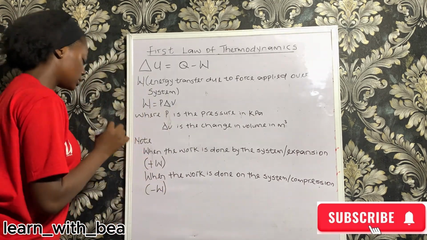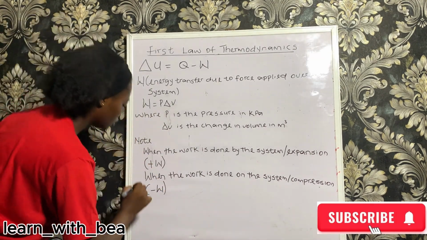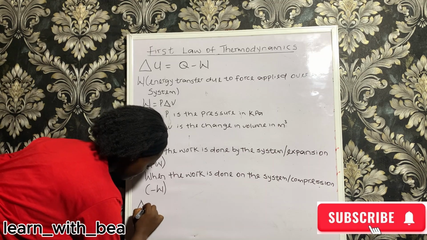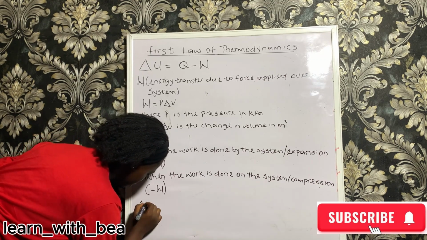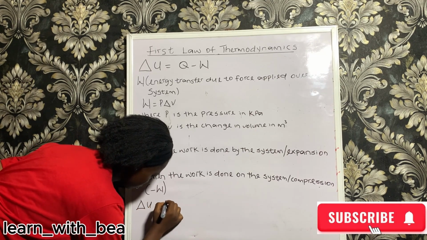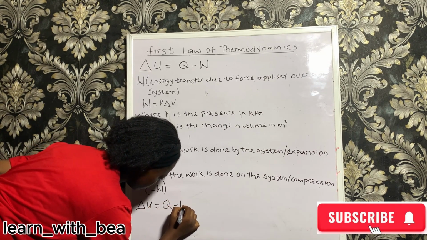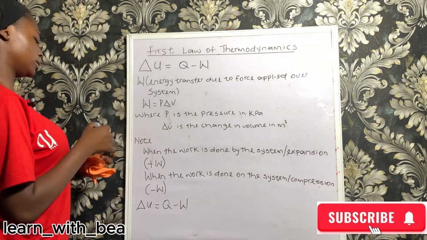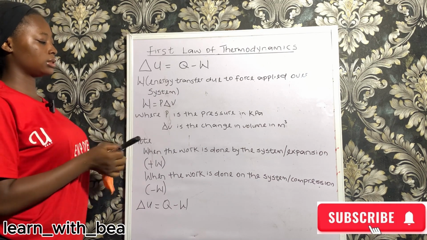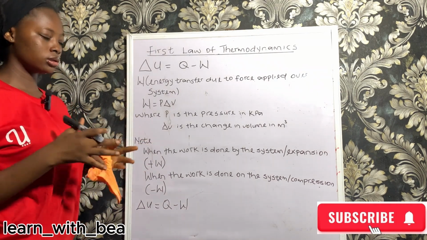And the implication is that our normal formula is delta U equals Q minus W. So if the work is done by the system, it causes an expansion to the system.